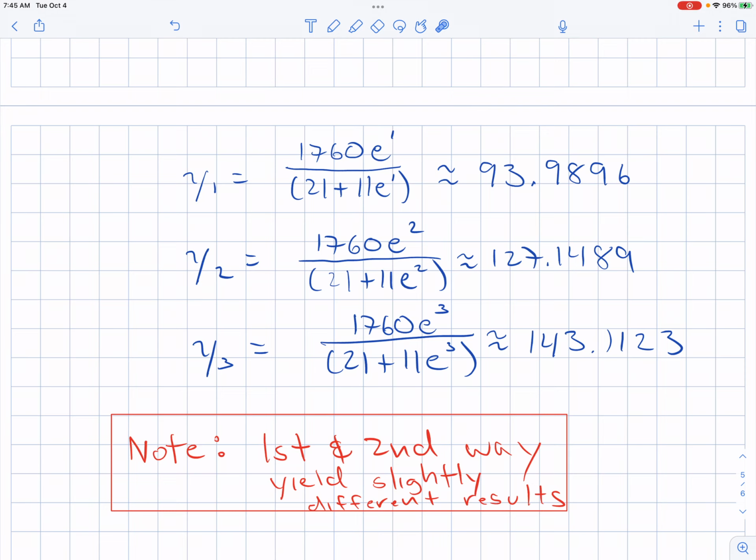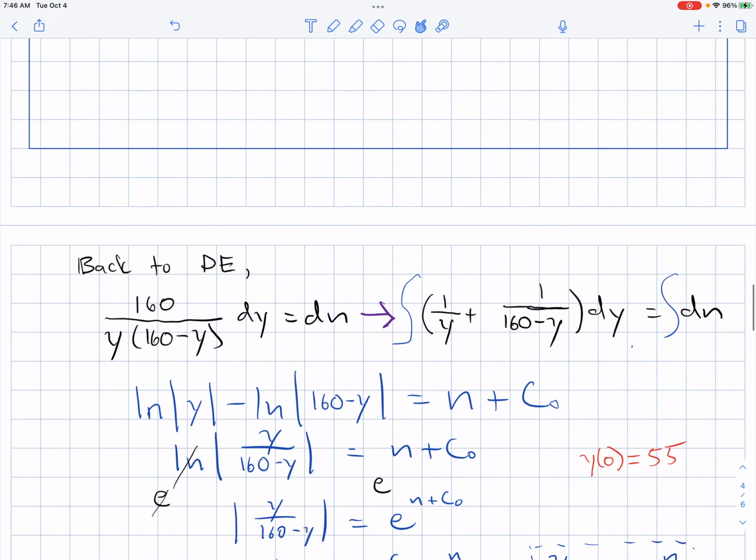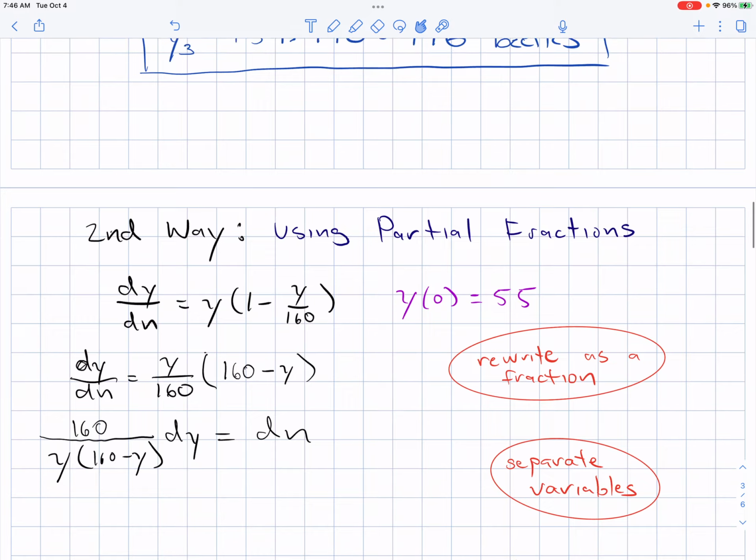143. And note, when you look at the results, the first and second way are different, right? Slightly different. And of course, as you get farther, you could see that it seems to get off even more. And I would say that should probably make sense because the first way we did it in the first place was really just an approximation, right?